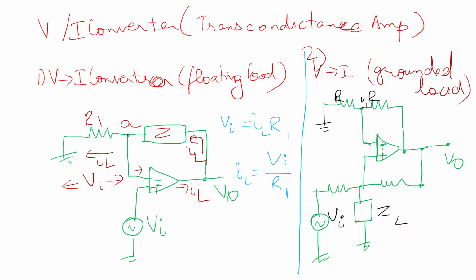Input voltage is fed through this. Input current IA flows through the R resistor. The bias current IB is 0.